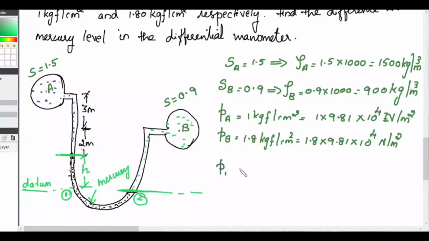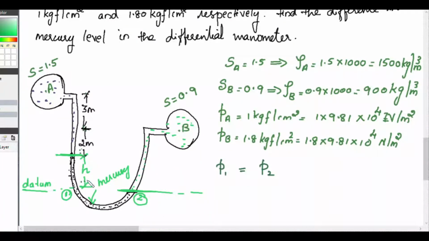So pressure at 1 will be equal to pressure at 2. Now what is pressure at 1? Pressure at 1 is equal to pressure at A plus pressure due to the height of this 3 meter plus pressure due to the height of this 2 meter plus pressure due to the height of h meter.